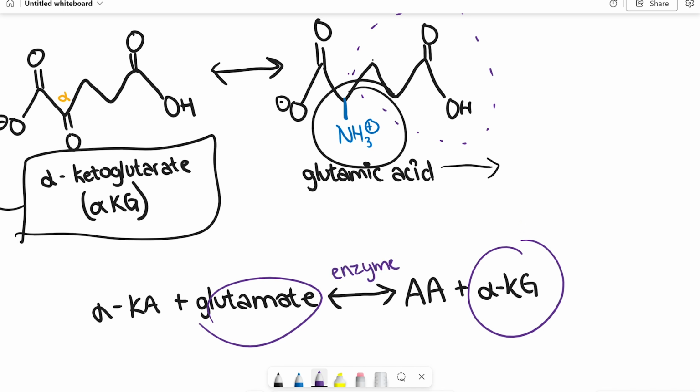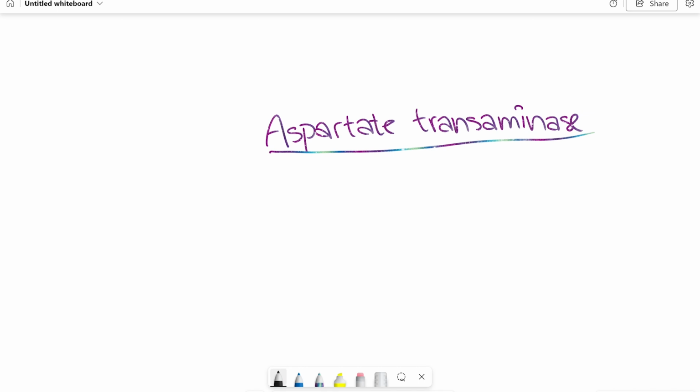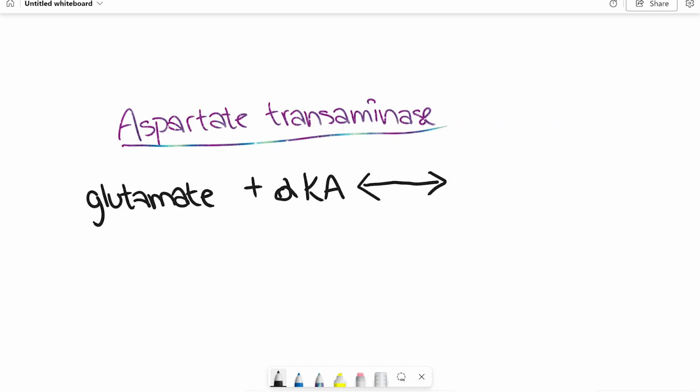The first enzyme that we're going to be talking about and how its reaction occurs is aspartate transaminase. So like I mentioned previously, every reaction that involves glucogenic amino acids is going to involve glutamate plus some alpha keto acid. It's going to make an amino acid plus alpha ketoglutarate.